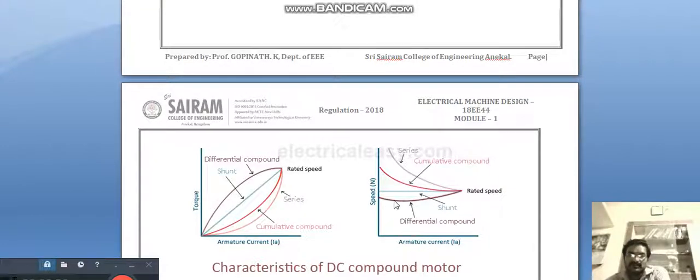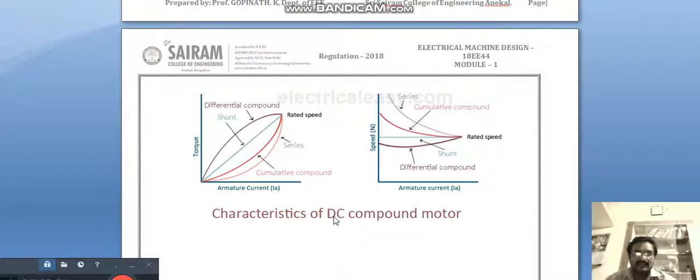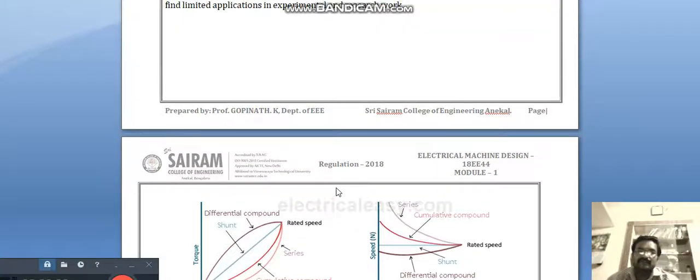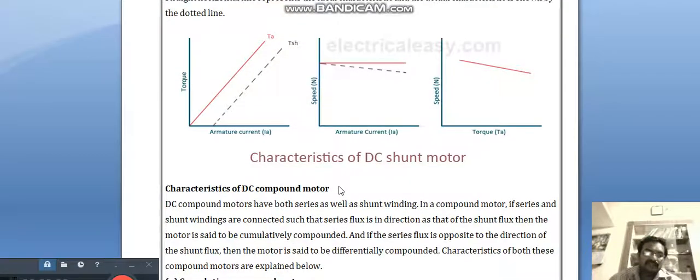For armature current versus speed, the speed of the differential compound is similar to the shunt motor, and for the cumulative compound its value will be somewhat higher. These are the characteristics of the DC shunt motor, series motor, and compound motor.